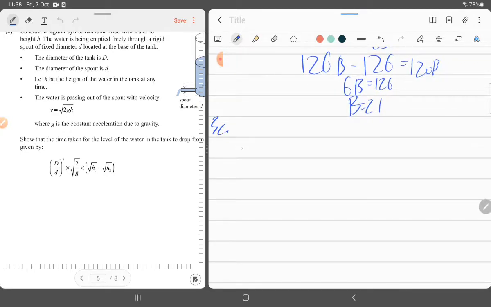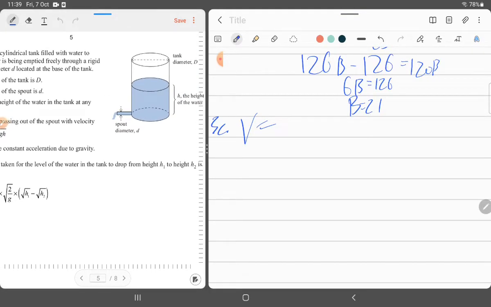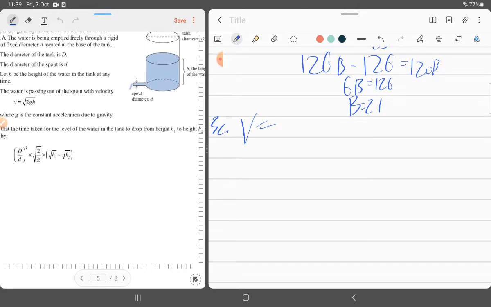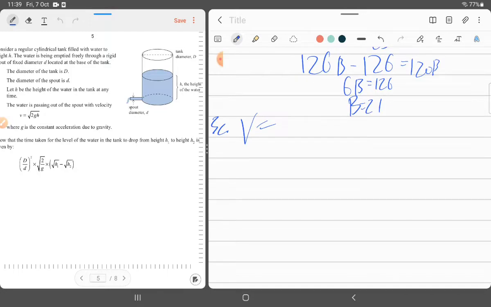How would I approach this? So volume is equal to the volume of the cylinder... actually no, not the cylinder.